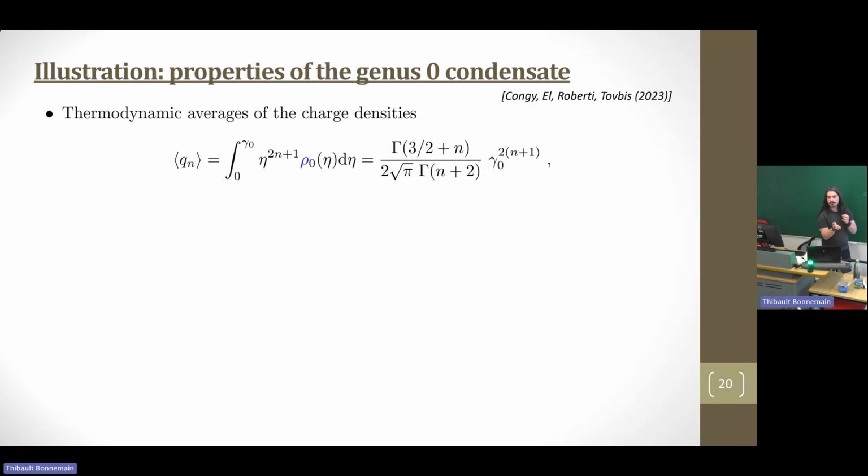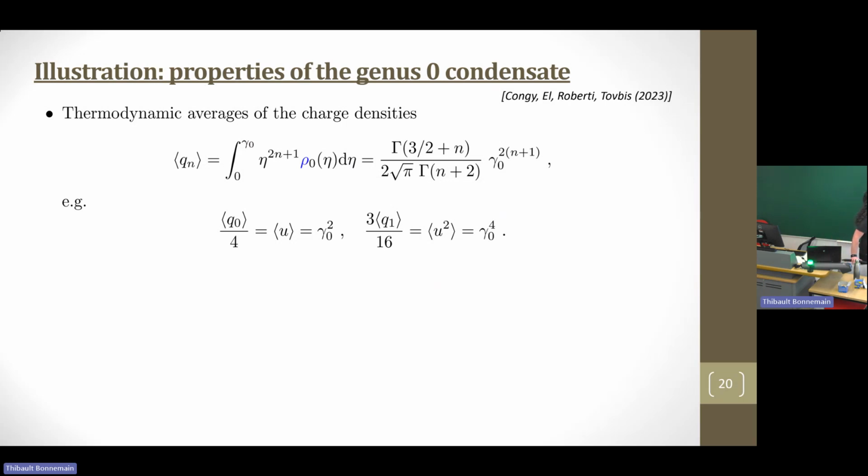But in practice, since you have these nonlinear interactions, we don't really know how to do so. But interestingly enough, the first two charges give us directly the first two moments. So those are the most important.